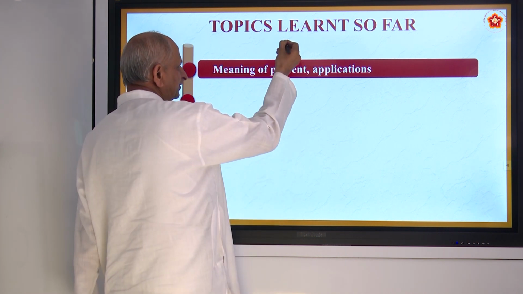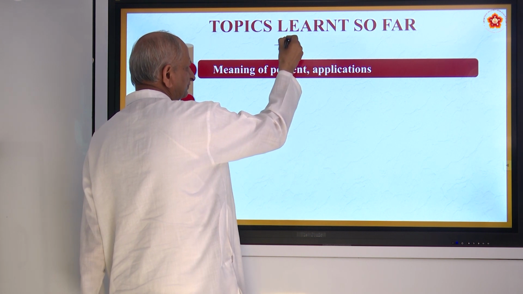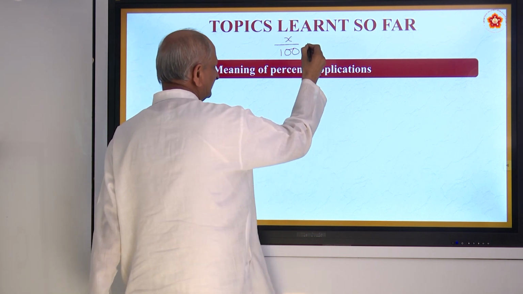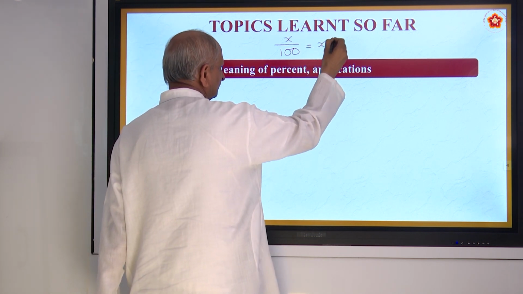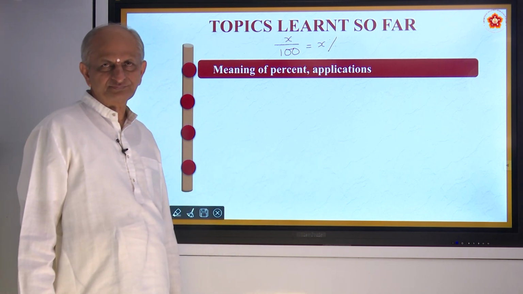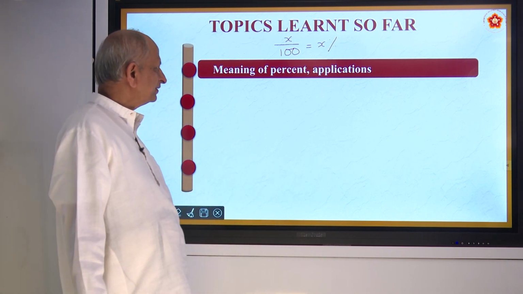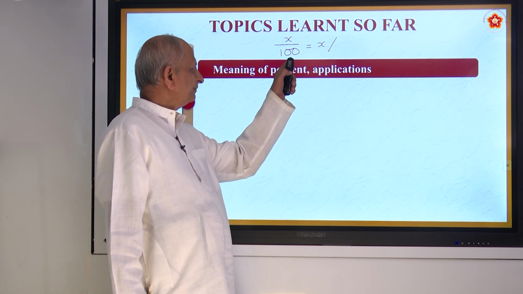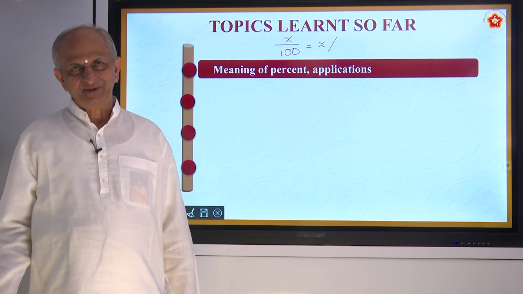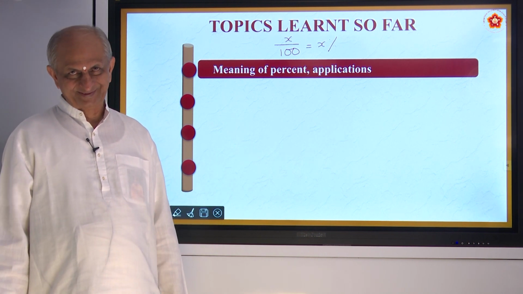All the fractions which have denominator 100 are called percents. And the calculation becomes easy because they are all multiples of 100.